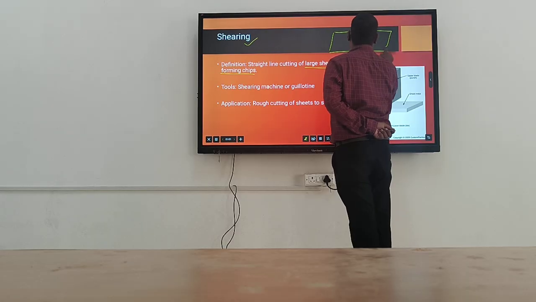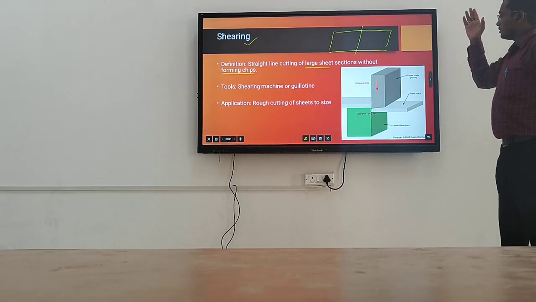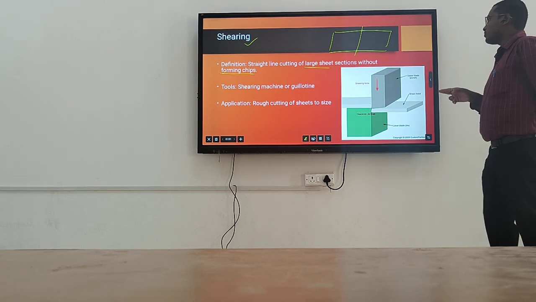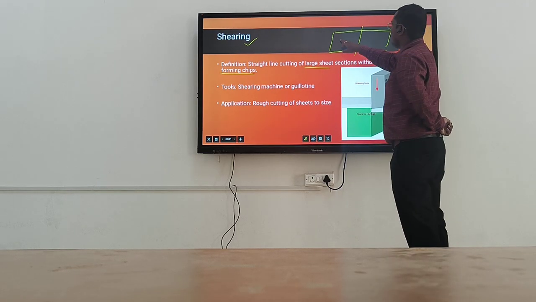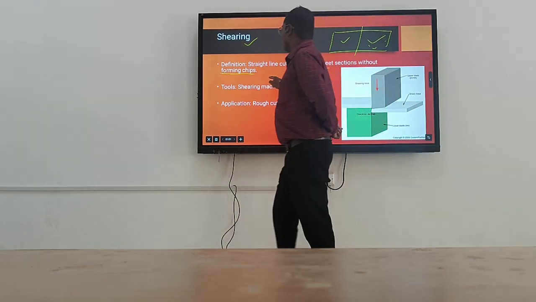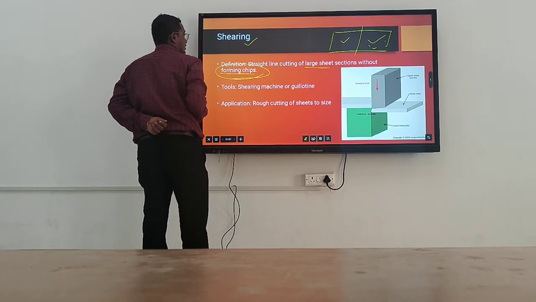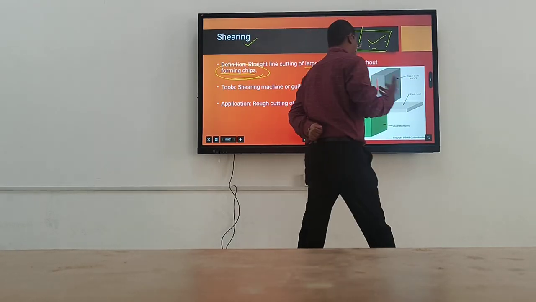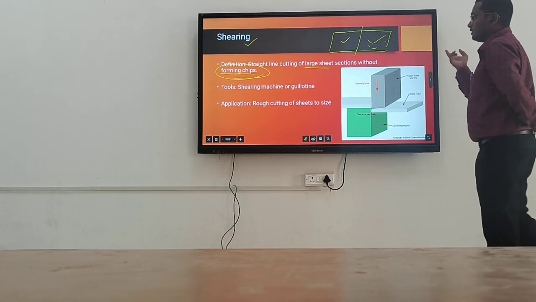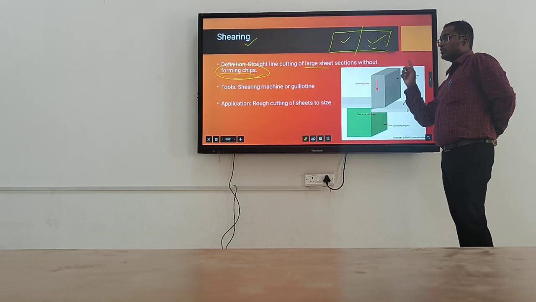There is a large sheet to be cut between both sides, between part 1 and part 2. There is no chip produced, and both parts are used as a product.